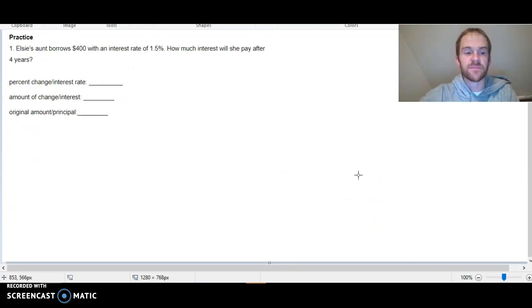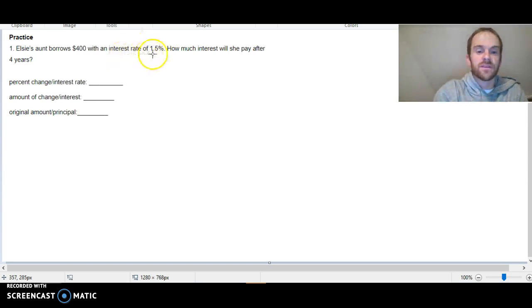Okay. So we're going to look at some examples here. Our first example is Elsie, a friend of ours, has an aunt who is going to borrow money. She borrows $400 with an interest rate of 1.5%. And so we want to know how much interest will she pay. Now remember, we said interest rate is like my percent change.